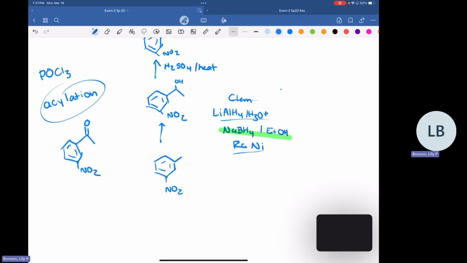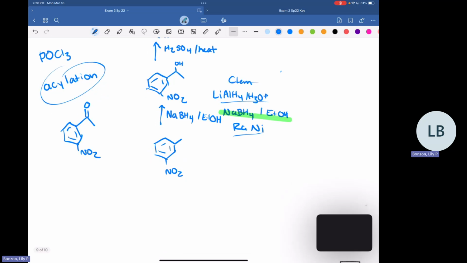So that would just completely get rid of our alcohol. Raney nickel, it reduces everything. So it's also going to reduce this nitro group, actually. So that's not what we want. And then again, LiAlH4, that one's also a pretty strong reducer, so it would probably also reduce the nitro group. So in this case, we're just going to go with NaBH4. It's a reducer, but it's a little bit more mild than the other options that we have.